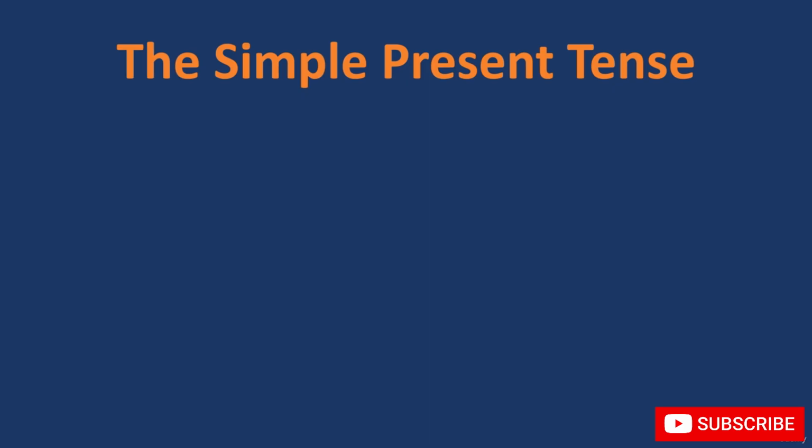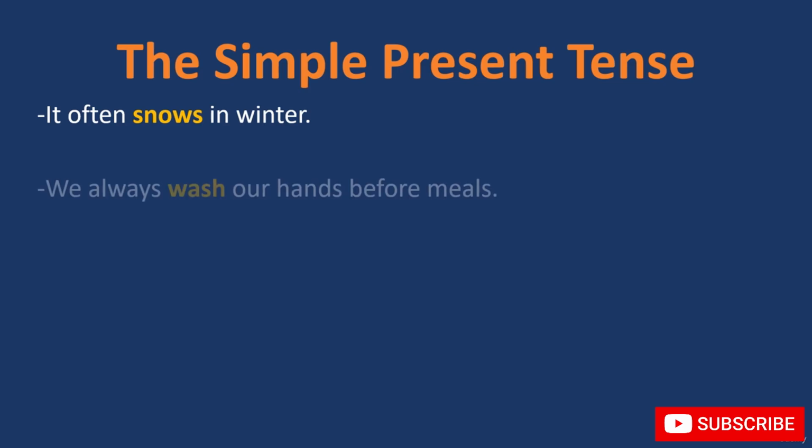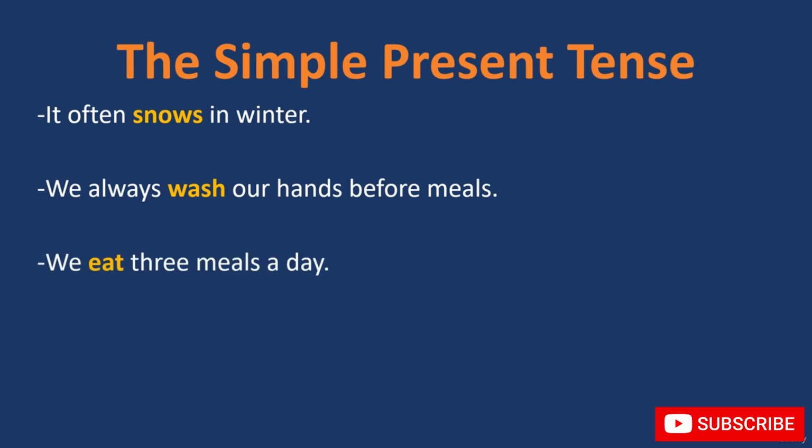Some more examples. It often snows in winter. This is a fact. We always wash our hands before meals. This is our habit. We eat 3 meals a day. This is our habit also. Here it's written we eat. I can say I eat, you eat, they eat, but he eats, she eats, it eats, Tom eats.